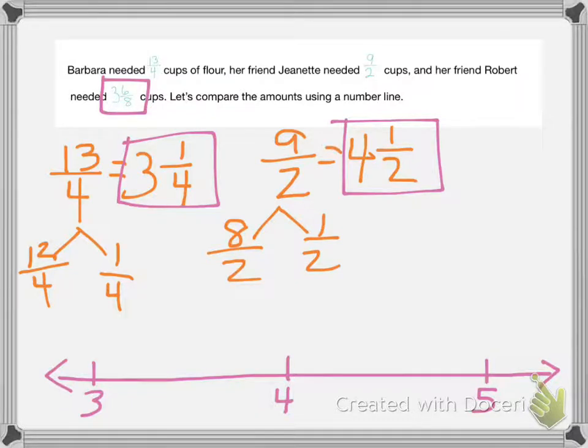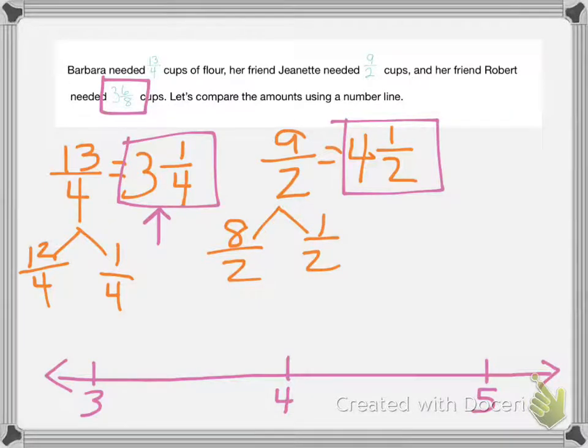So let's see, if we want to go ahead and plot, let's start with Barbara. Barbara has 13/4, or like we figured out, 3 1/4. So 3 1/4 is a little bit past 3, or 3 wholes.